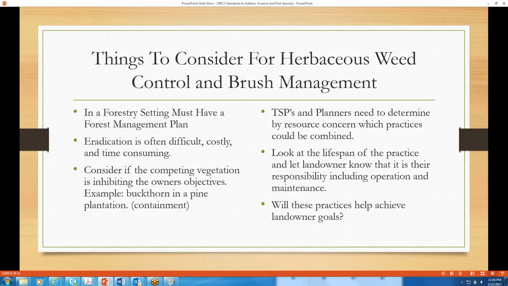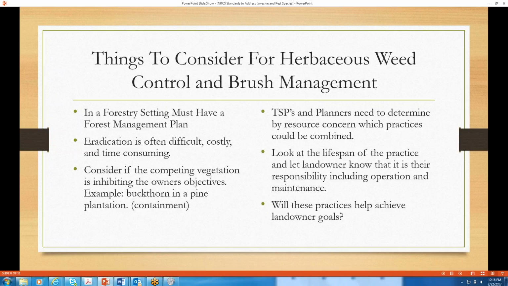But the question came when talking with everybody out in the field, with the DNR foresters: was that really inhibiting the landowner's objectives if it was just growing pine in rotation, basically for economic reasons? In that case, you may want to consider talking a landowner out of doing something like that, or at least wait until it's time to regenerate the stand. In the case of that forest, it's probably 15 to 30 years from now, they do a thinning and then another thinning, and then maybe it's worth attacking.